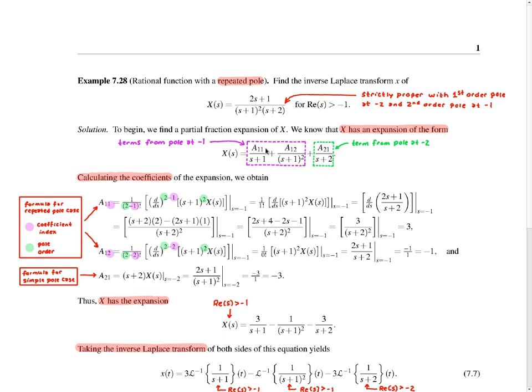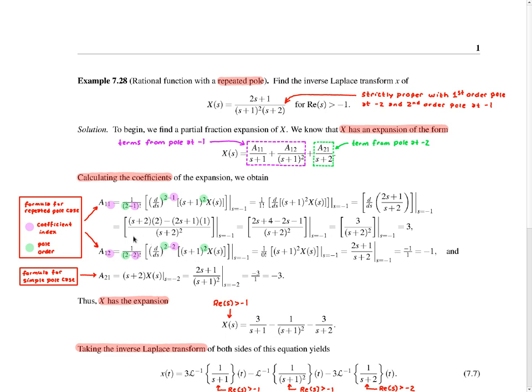And then we need to determine these coefficients a11, a12, and a21. To calculate these coefficients, we use the formulas for computing partial fraction expansion coefficients. For the first two coefficients, a11 and a12, since these coefficients are associated with a repeated pole, we have to use the formula for the repeated pole case, which is what's being substituted into on this line, and also on this line.